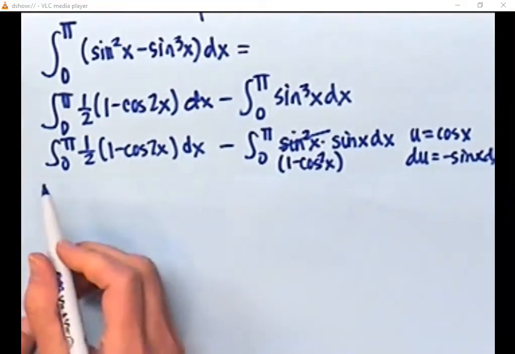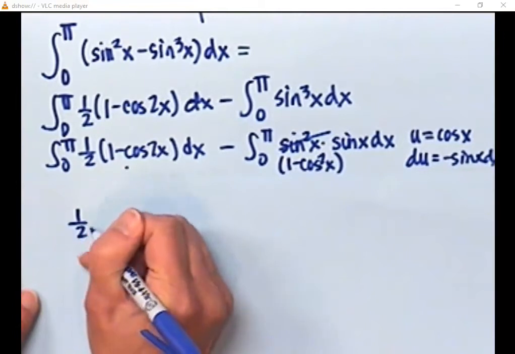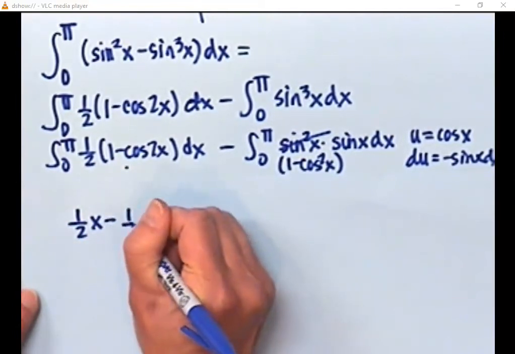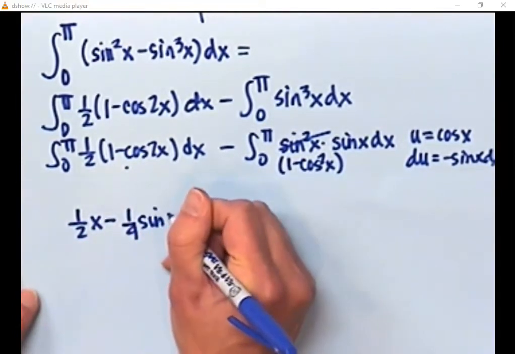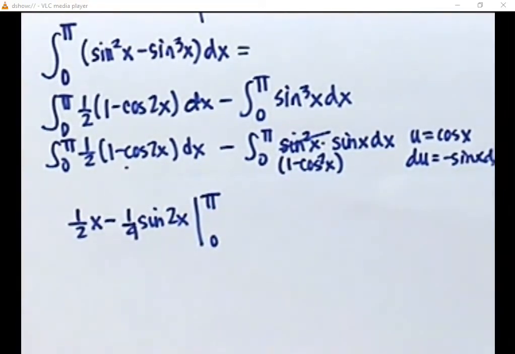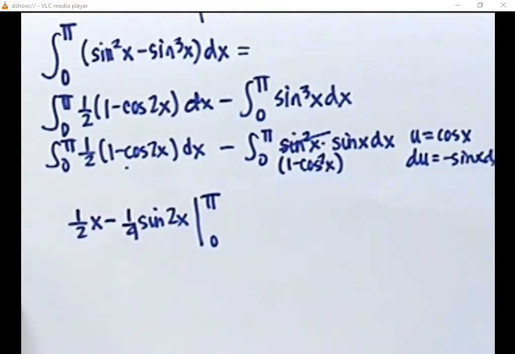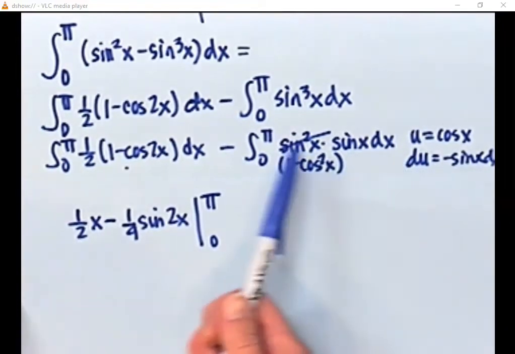So when I integrate this one, I get 1/2 x minus 1/4 sine of 2x, and I'd evaluate that from 0 to pi. This one at cosine, you could also change the limits. Did you change the limits on that one or keep the 0 to pi?